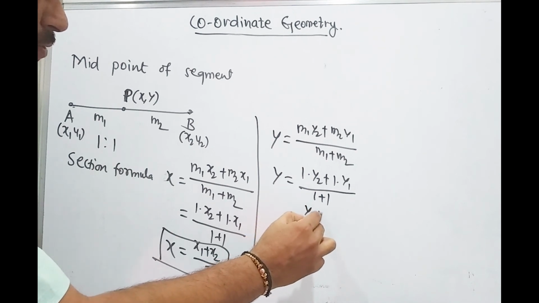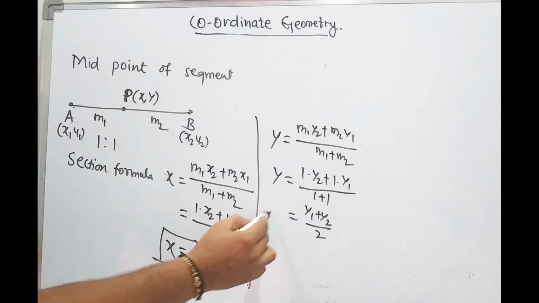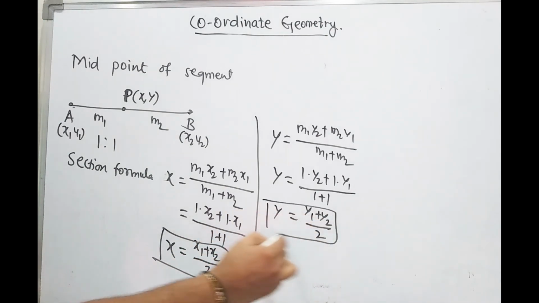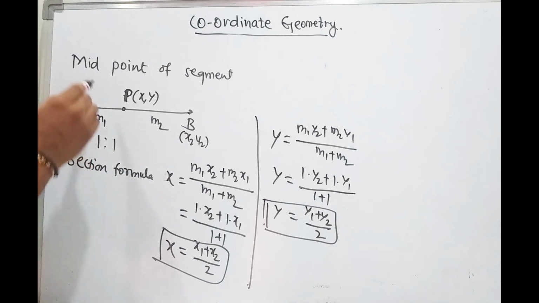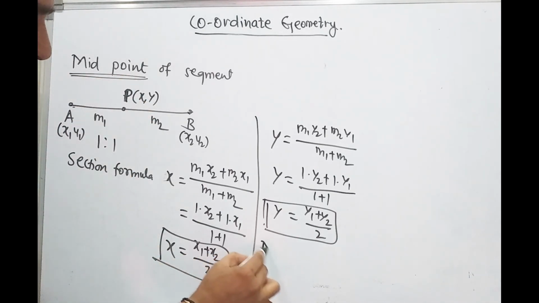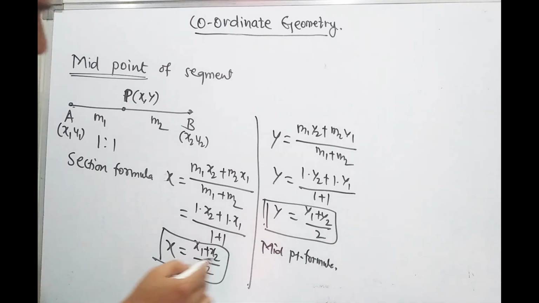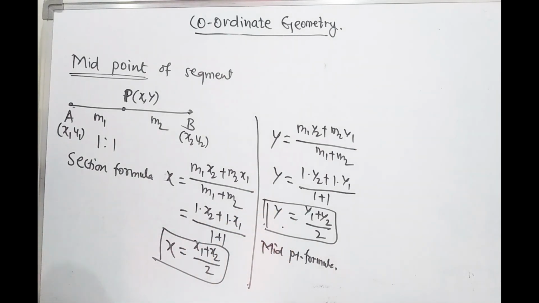So y1 plus y2 upon 2. Now this is the formula for finding the coordinate y. So now this is called as midpoint formula. So what is midpoint formula? x is equal to x1 plus x2 upon 2 and y is equal to y1 plus y2 upon 2.